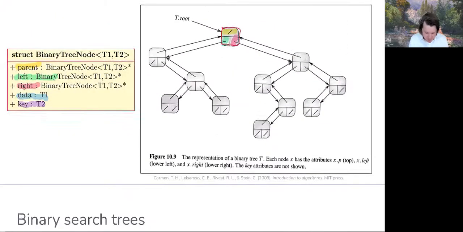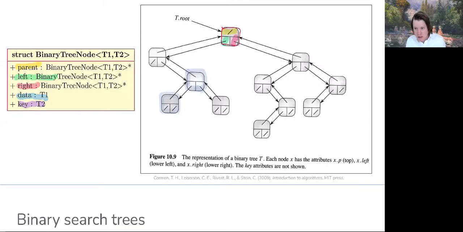In the case of these special nodes here, let's do sky blue, whatever color this is, in the case of the leaves, they're going to have no children. We said that our typical node within the tree will have at most 2 children.